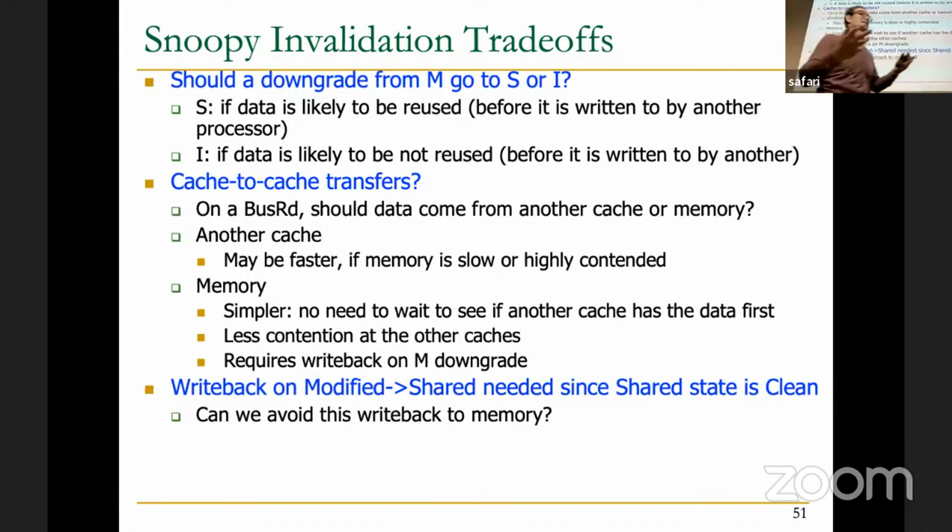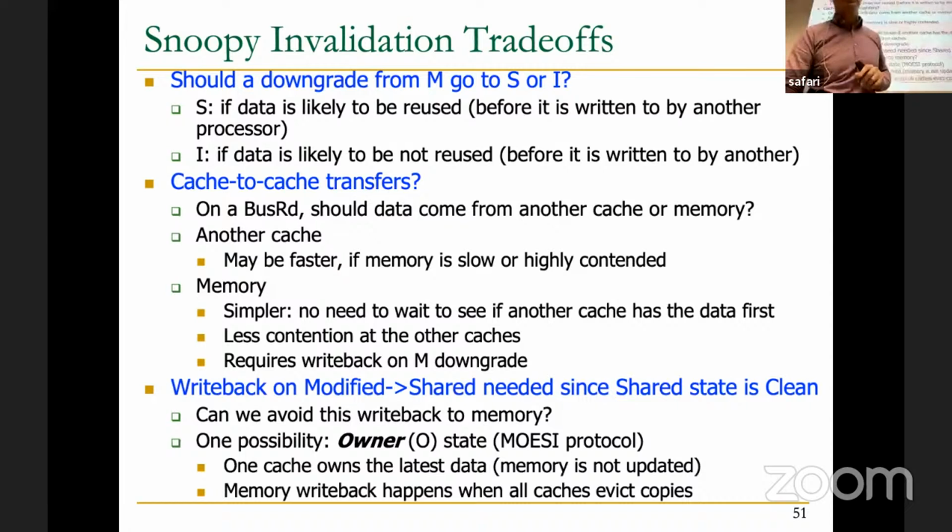So there's no state where the data is modified and it's shared between different processors, and memory doesn't have the up-to-date copy. That's why you need to write back the results, write back the data to memory. If someone else wants the data, everybody needs to have the same data, but also memory needs to have the same data.